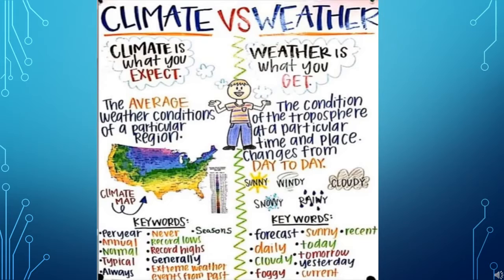The climate of a place is the average weather condition over a long period of time. A place may be said to have a dry climate, a very cold climate, or a hot, wet climate, depending on the weather conditions over a very long period of time, for example, at least 30 years.